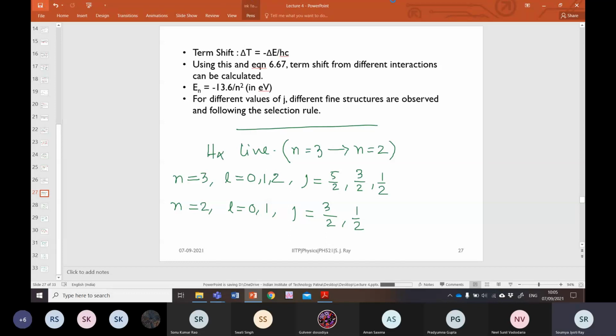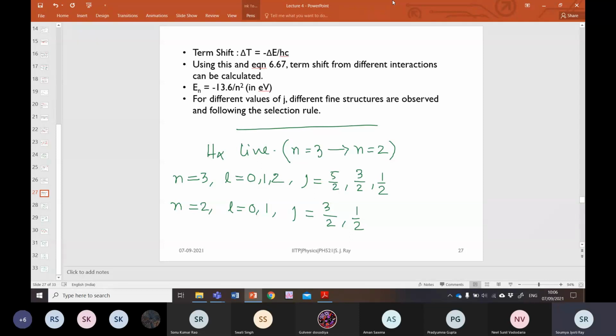As I mentioned earlier, these fine structures are part of the spectra which are commonly not observed in standard spectrometers. Whenever the source of the spectrum is hydrogen atom or one electron atom, for simplicity let's assume hydrogen atom, and we want to see what sort of spectra arise as a result of transition between different energy levels, then primarily we will be observing those series which lie in the Balmer series or Paschen series.